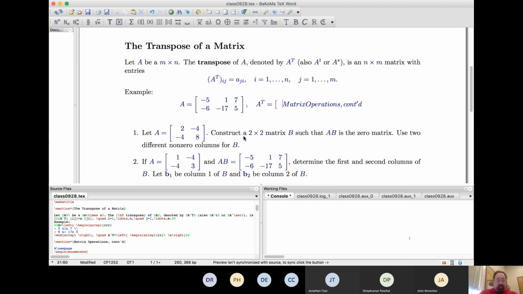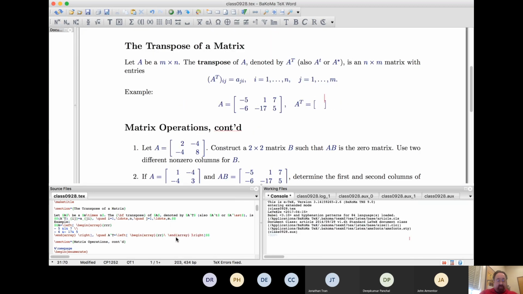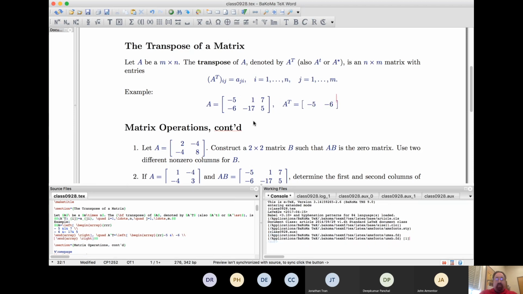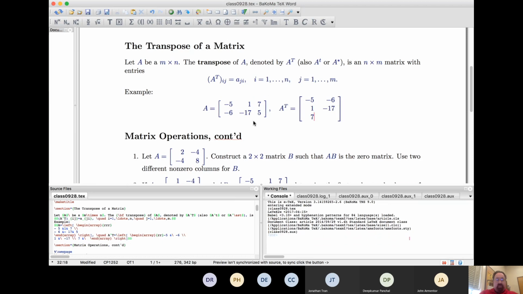To fill in the first row of A transpose, I just take the first column of A. And then I keep going. So here, first row of A, first column of A transpose. Second row of A, second column of A transpose, in that order.